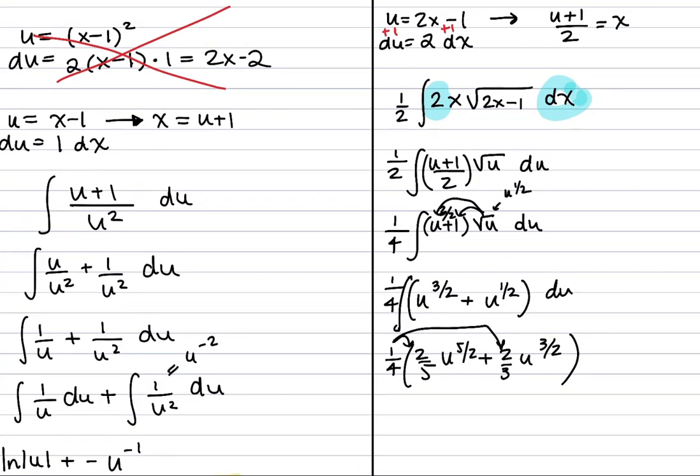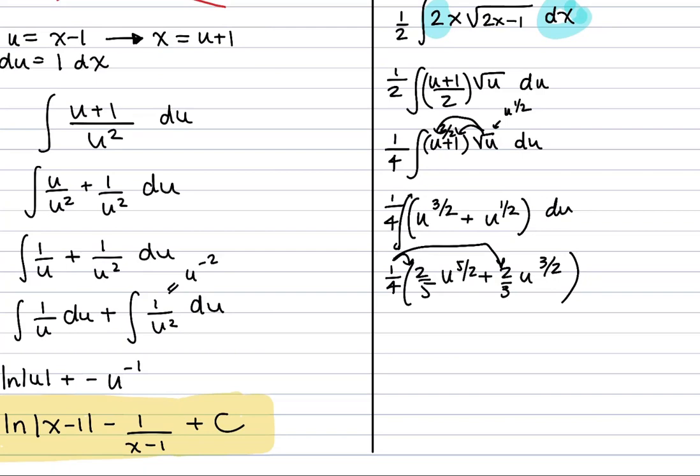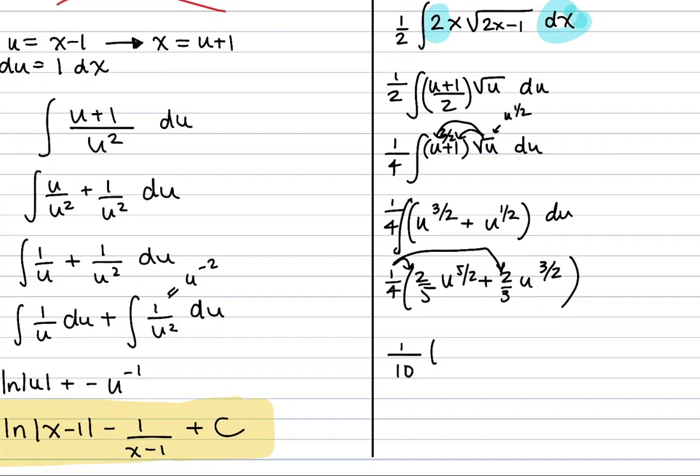My u is equal to 2x minus 1, so this becomes 1 over 10 times (2x minus 1) to the 5 halves, plus 1 over 6 times (2x minus 1) to the 3 halves.